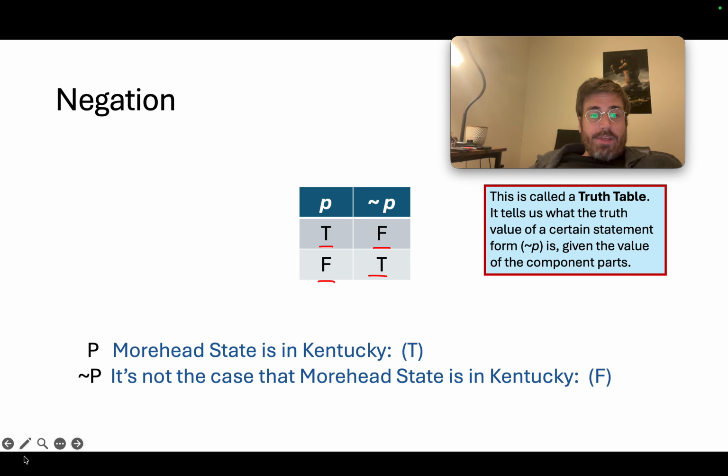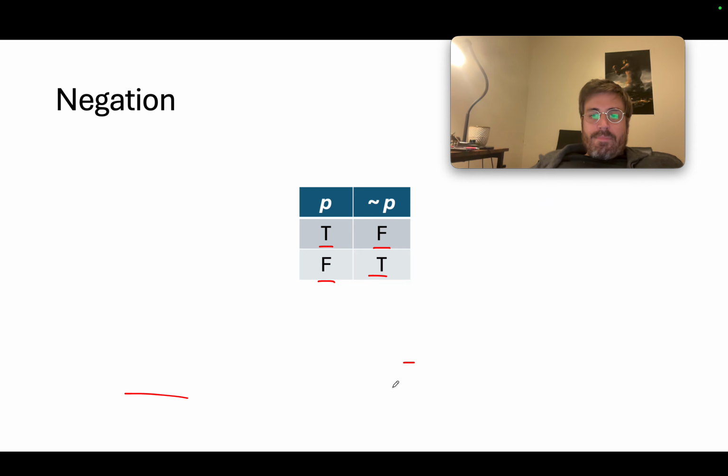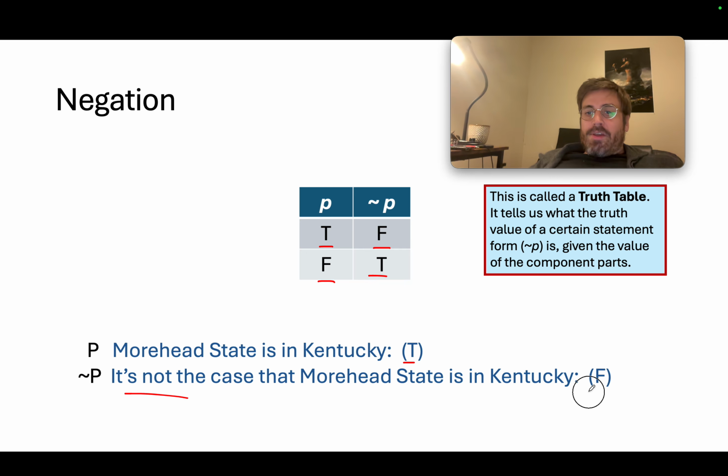It has a truth value of T. Well, we know that the negation of P then has to be false, and the translation of not P becomes, it's not the case that Morehead State is in Kentucky. So that value is the negation of T, which has to be F, which is false. So we can just use T and F to stand in moving forward for true and false as abbreviations, right?